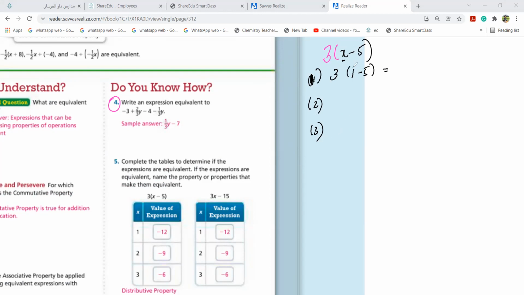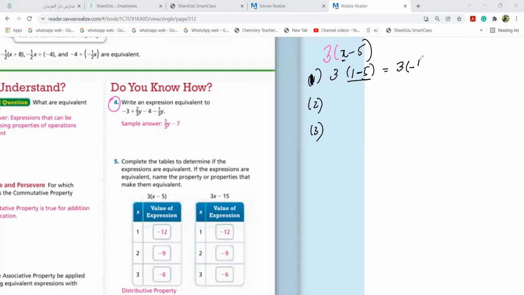If I put 1 instead of x, what do I get? Tell me. Instead of x, I put 1 here. What do I get? This is 1 minus 5. You have your calculator here, Rital. Come on. See, this is 3. First, you will solve the parenthesis according to PEMDAS. Take your time. 1 minus 5 is?